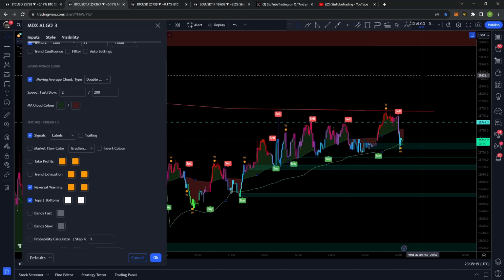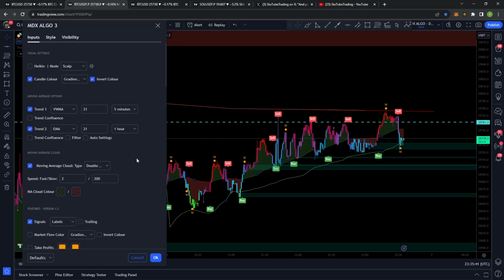So obviously not every single signal is going to be a low risk trade setup. Some are going to be more risky than others. So you still want to take a look at your own analysis, see if the indicators are lining up with what you're seeing, looking for just that extra confluence, right?